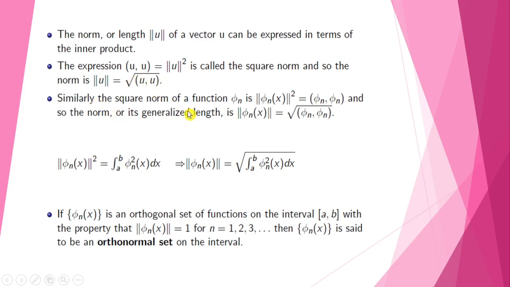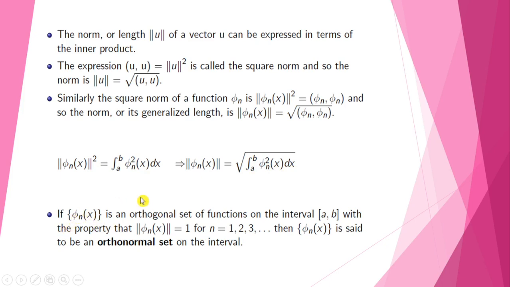Similarly, the square norm of a function phi n is norm phi n of x squared equal to phi n comma phi n, and so the norm, or its generalized length, is norm phi n of x equal to the radical of phi n comma phi n. Here the norm phi n of x squared is equal to the definite integral from a to b of phi n squared of x dx. This implies that the norm phi n of x is equal to the radical of the integral from a to b of phi n squared of x dx.